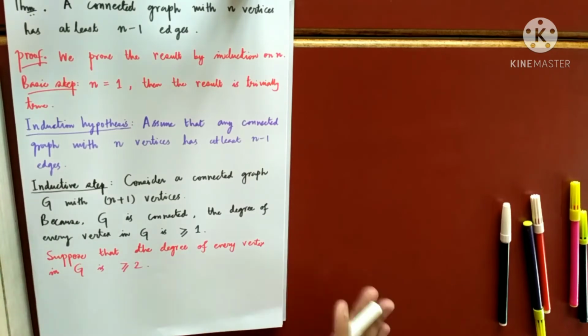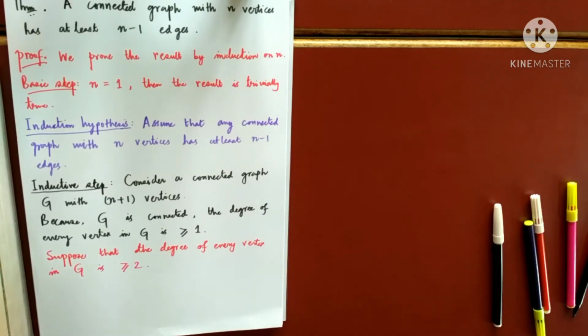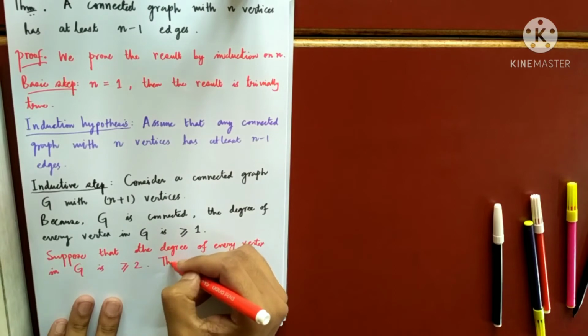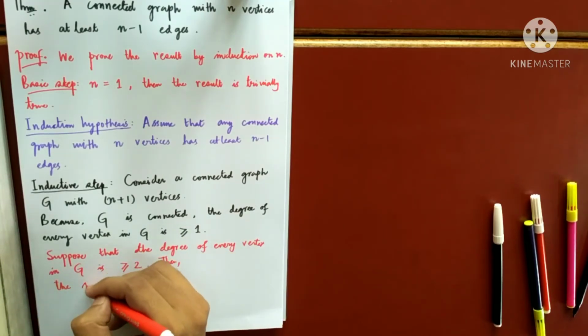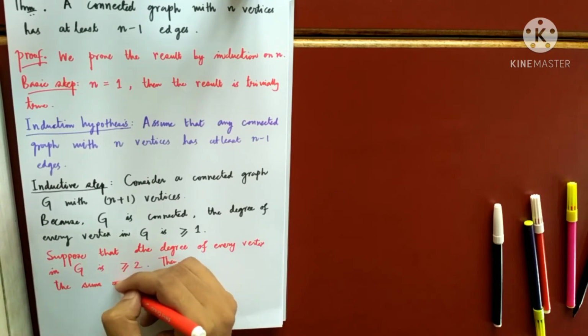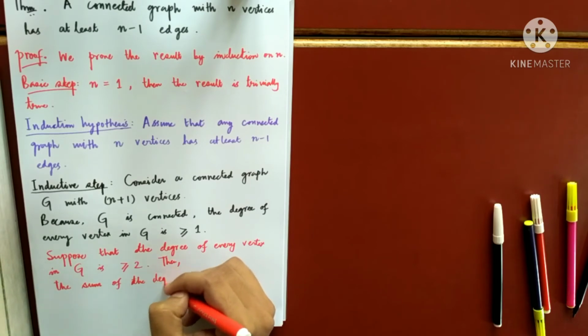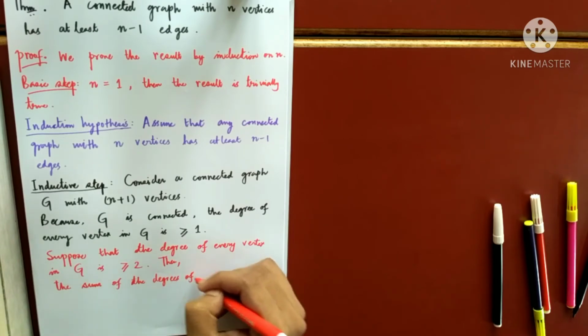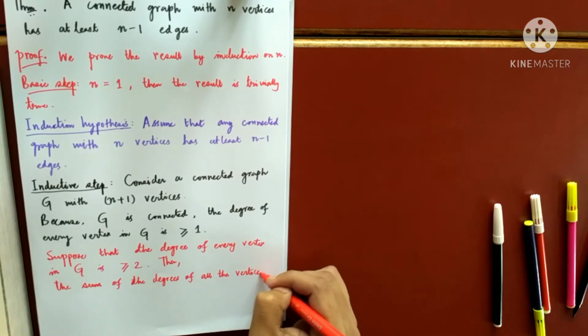So first, suppose that this happens. Suppose that the degree of every vertex in G is at least 2. Try to understand my point very carefully. Then the sum of the degrees of all the vertices can be how much?